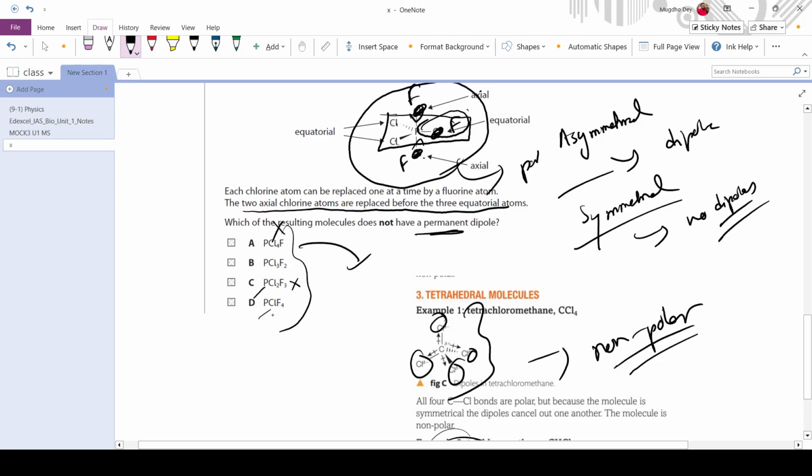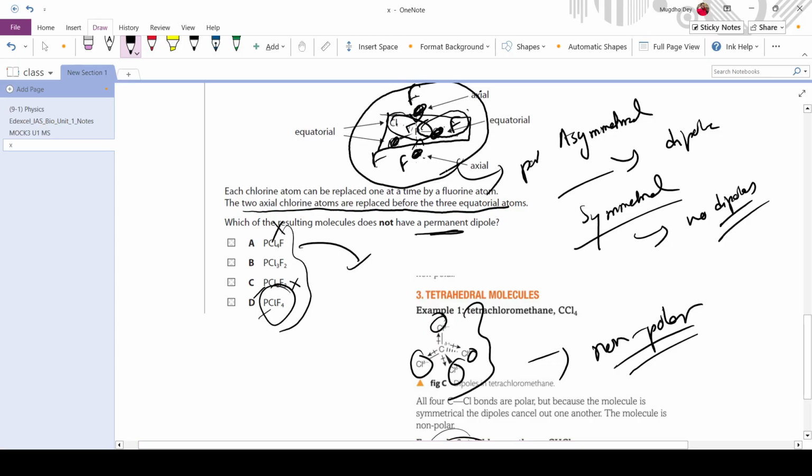Let's go for D. Again, I think the same reason applies, because if you see clearly, another F is removed in D. I'm talking about PClF4. Even if the axial position ones cancel out, and even if these two cancel out, this one remains, right?